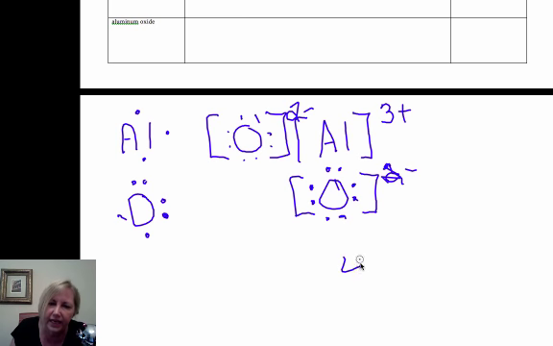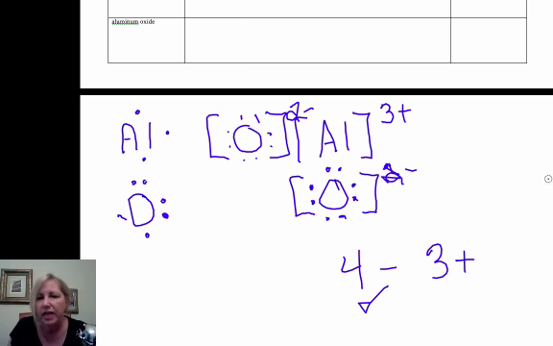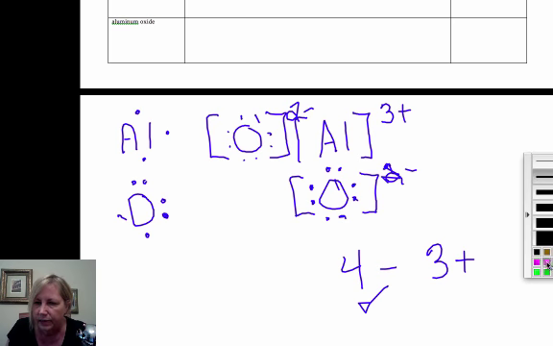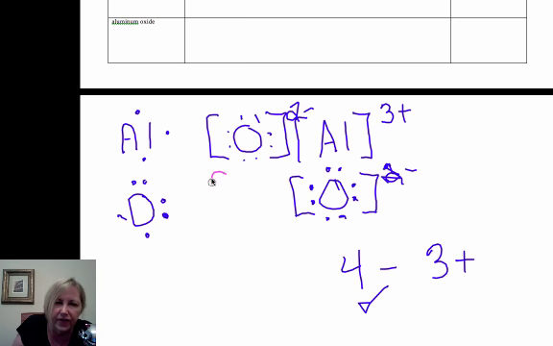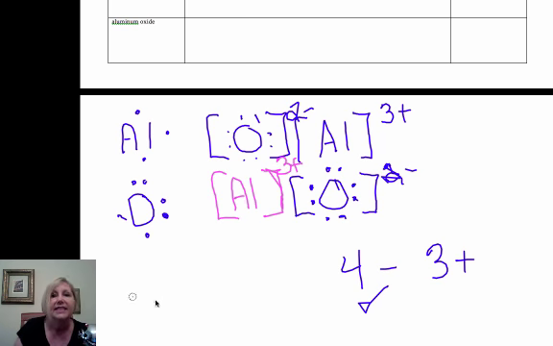Now we have 4 negatives and 3 positives. It's still not neutral. We have excess negative, so let's draw another positive. I'll put it in a different color here. So we've got to draw another aluminum because we had excess negative. It's still not neutral.